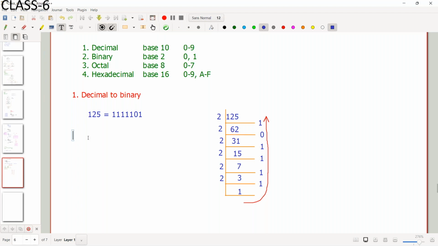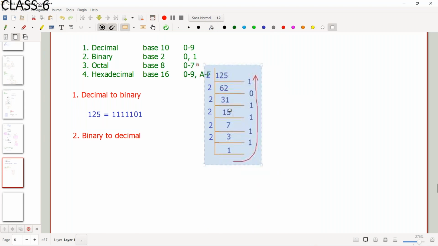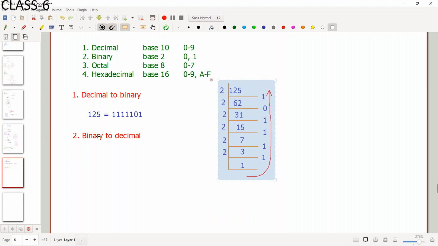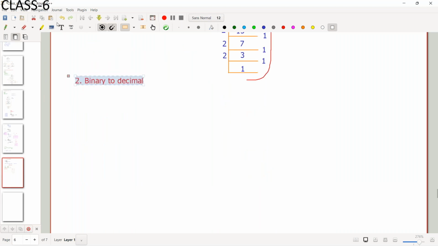Now the second conversion: we will convert it back, binary to decimal. How to do it back? I'll consider the same number, 1111101.